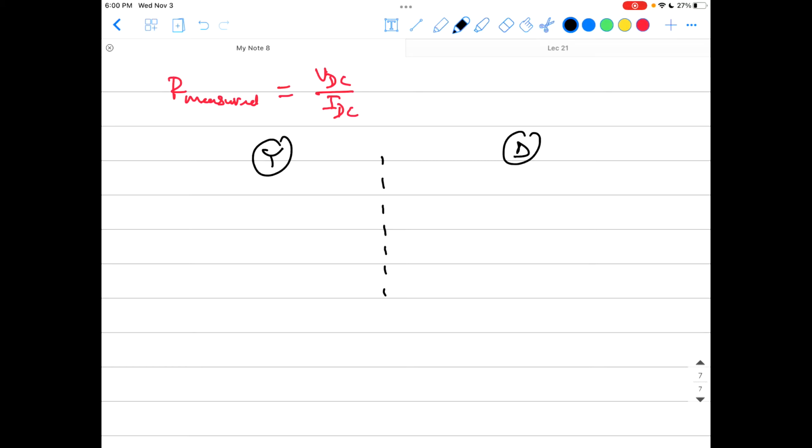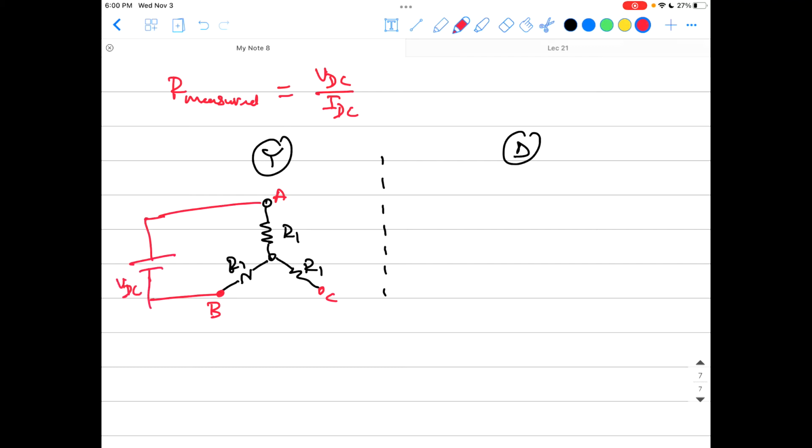Okay, so if it is Y connected, which is most of the time the connection we'll be dealing with here, this guy will be just like this. You have a three-phase winding, that is R1, and that is R1, and that is R1. Okay, and those are the terminals you have outside. This is A, that is B, and that is C. And you connected your stuff between those two guys, A and B. Yes, that is VDC and that is IDC.